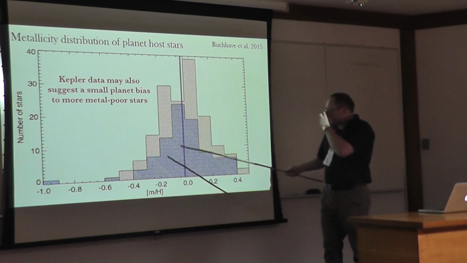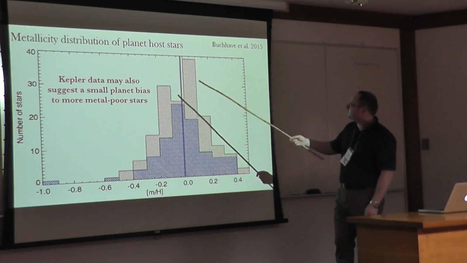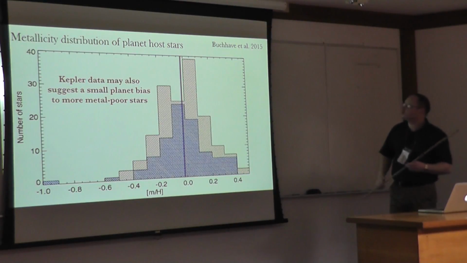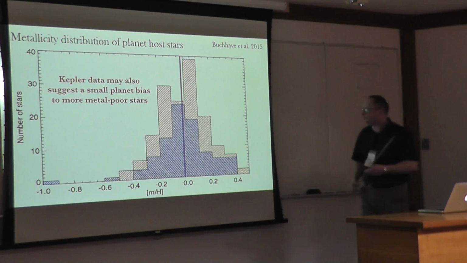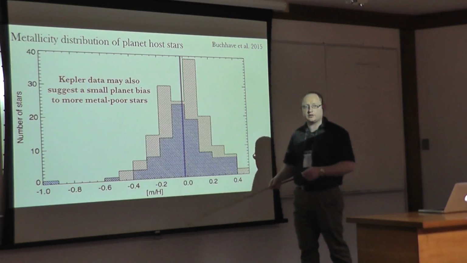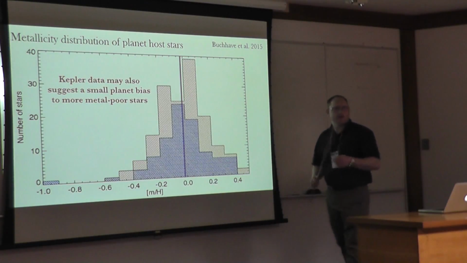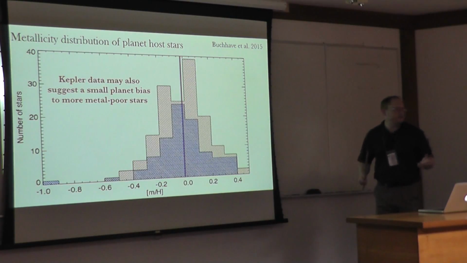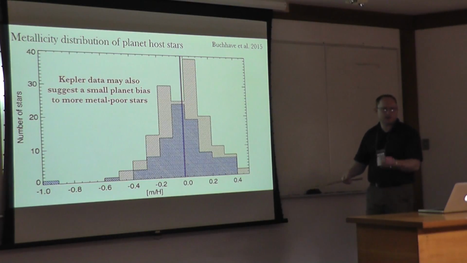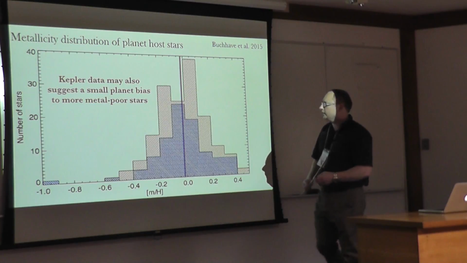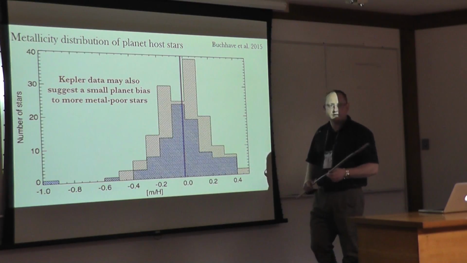Well, it seems, at least some work from Buchhave et al., quite recently, looking at Kepler data. Remember, the Kepler stars generally are fainter. I've just shown how we calculate abundances, how we calculate metallicity. For these stars, it's much more difficult to calculate metallicities.